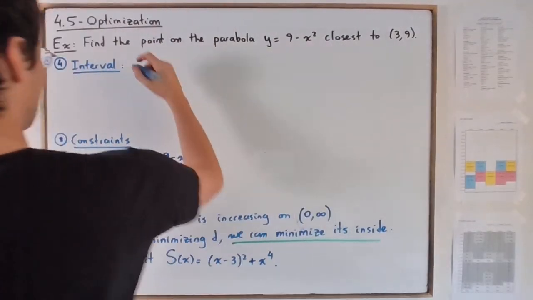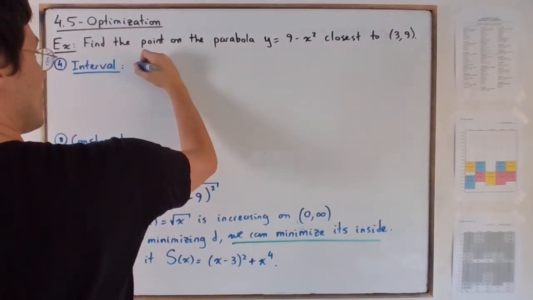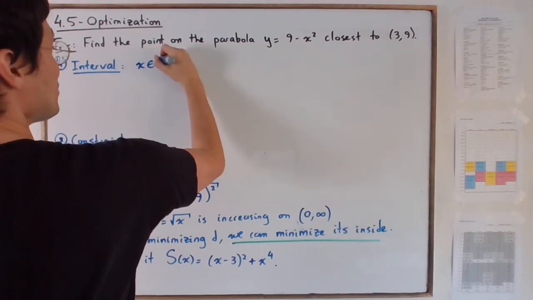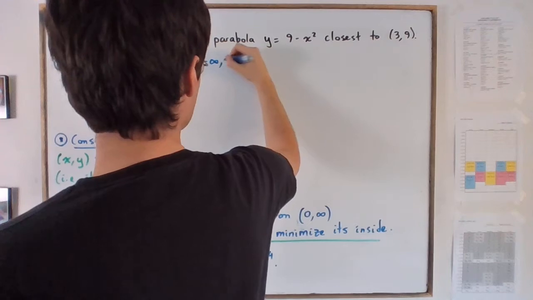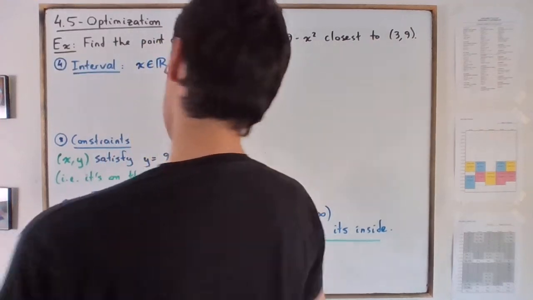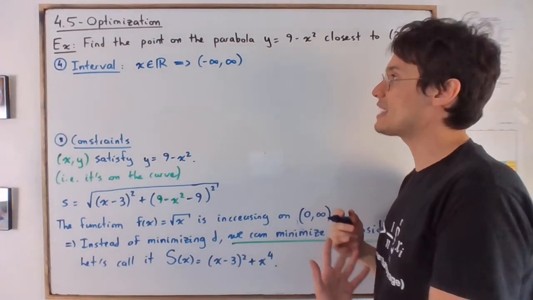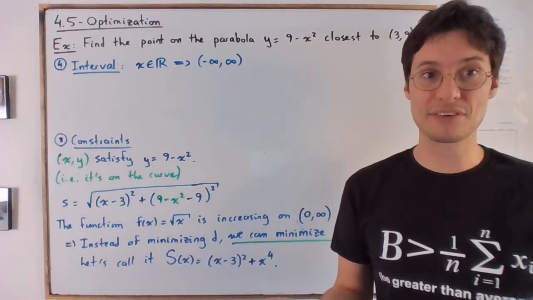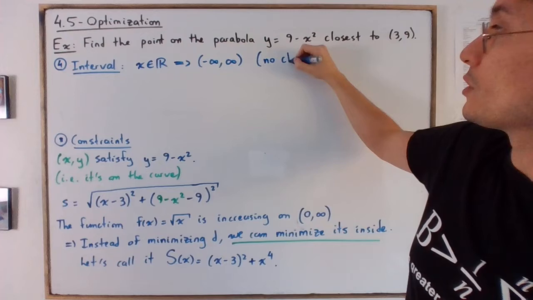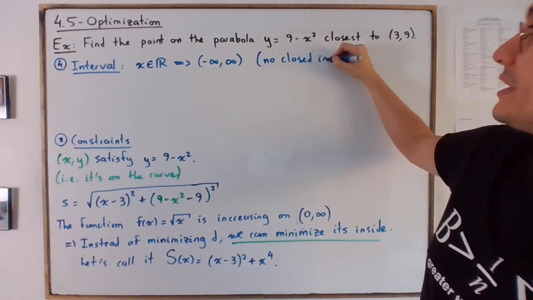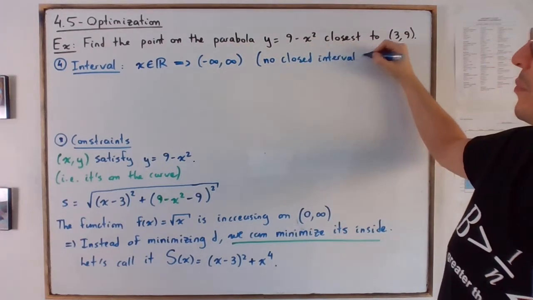So let's say that x can be any real number, which means that the interval is from negative infinity to infinity, which is bad news. It means that we cannot use the closed interval method. So no closed interval method.